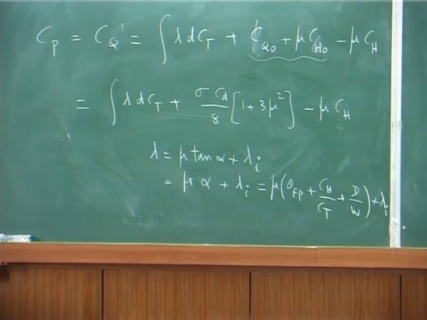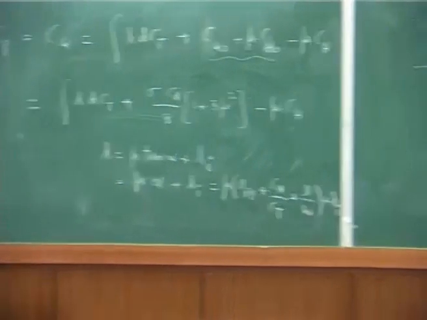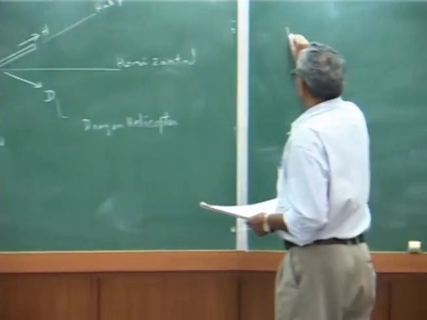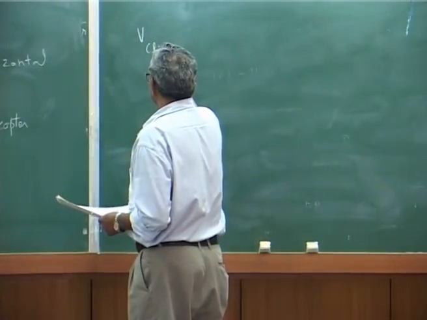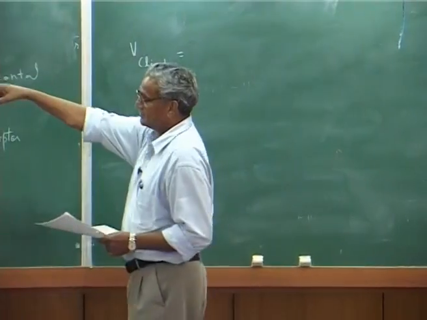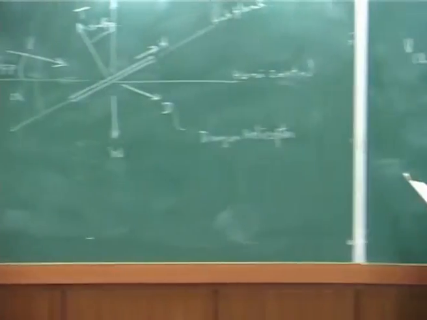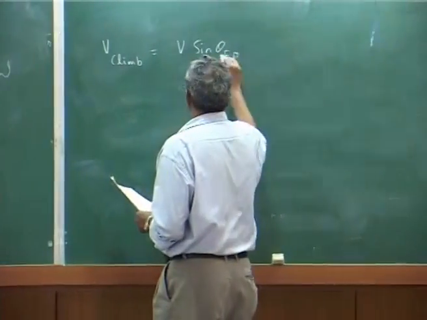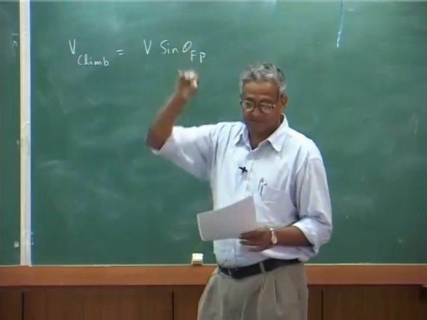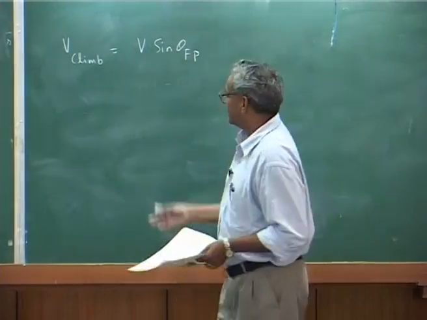All right. Now, I am defining my climb velocity. What is the velocity of climb? It is V sin theta f p, that is the climb velocity, which I call V c.